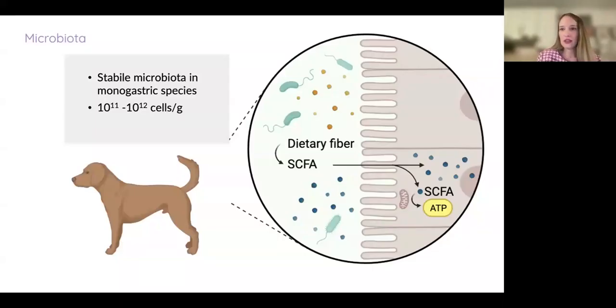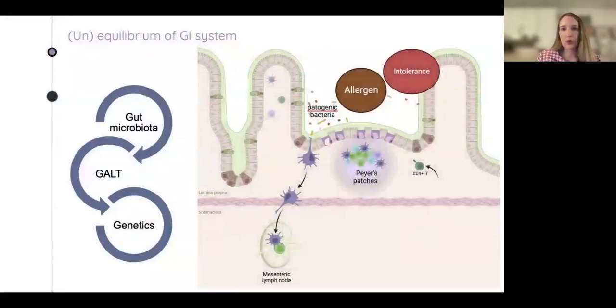So this tells you that when things go wrong, there are a lot of consequences. Something believed to be the disruptor of the equilibrium of the gastrointestinal system is an interplay between gut microbiota, so dysbiosis, and also a disrupted immune response from the immune system that exists in the gut, and also some genetic predisposition.